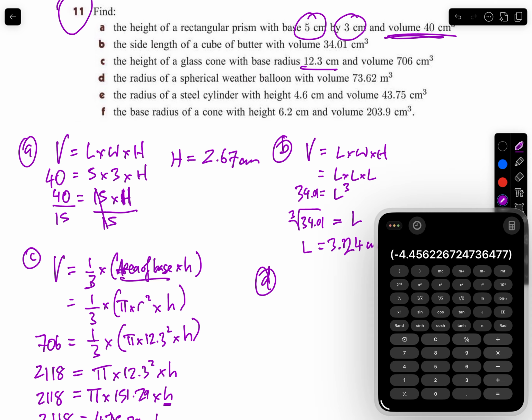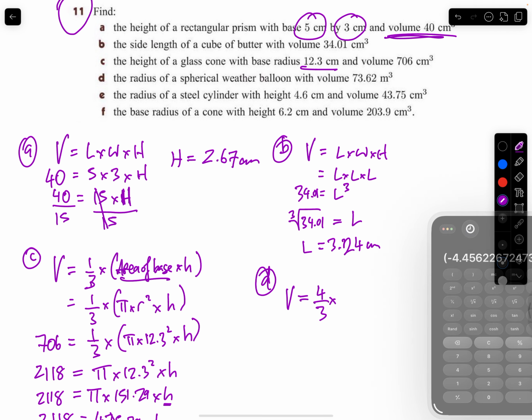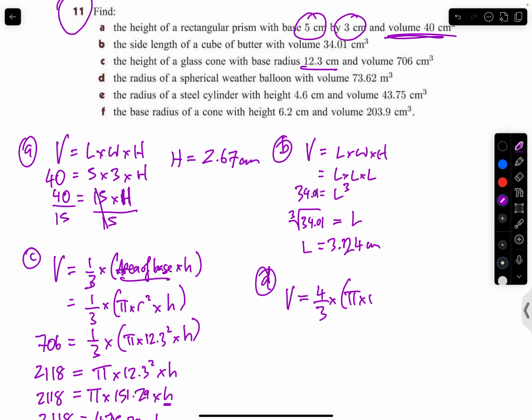D, the radius of a sphere weather balloon with a volume 73.62. So the volume of a sphere is 4 on 3 times by pi times by the radius cubed. The volume we were told is 73.62, so replace volume with that. 4 over 3 times by pi times by radius is what we don't know.